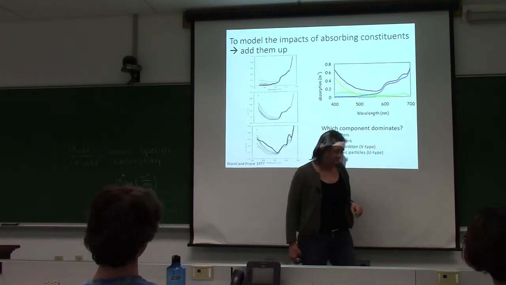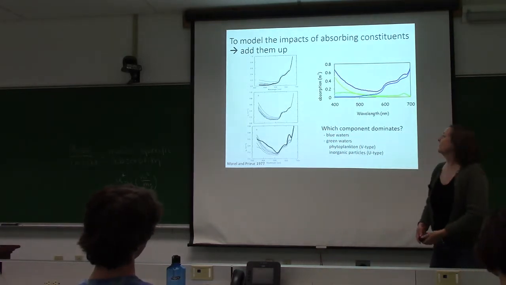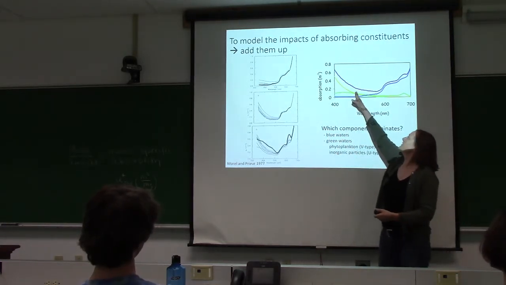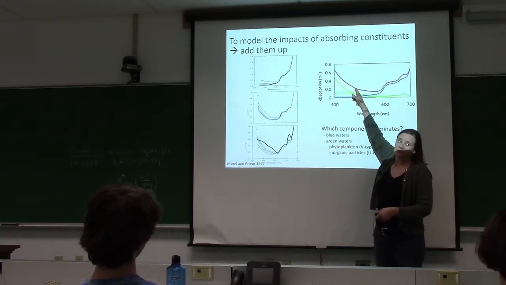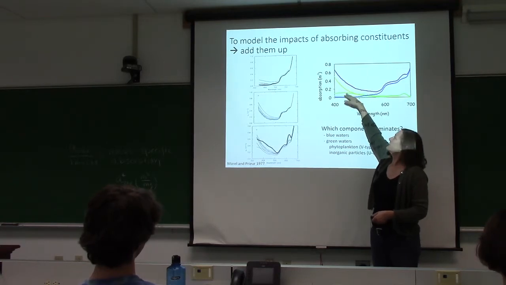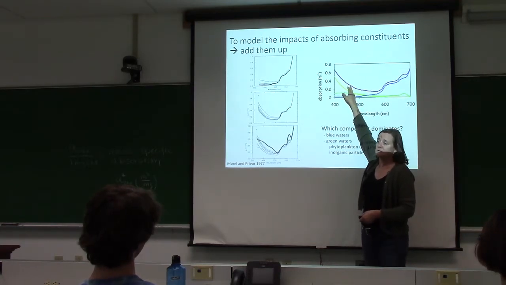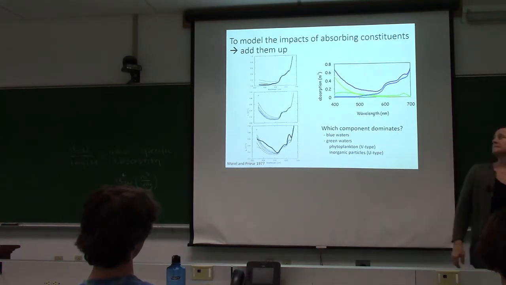That becomes powerful. In the inverse sense, if you have the total absorption spectrum, you should be able to come up with models to retrieve the components from the total absorption. There are a bunch of different approaches for decomposing this into the components.